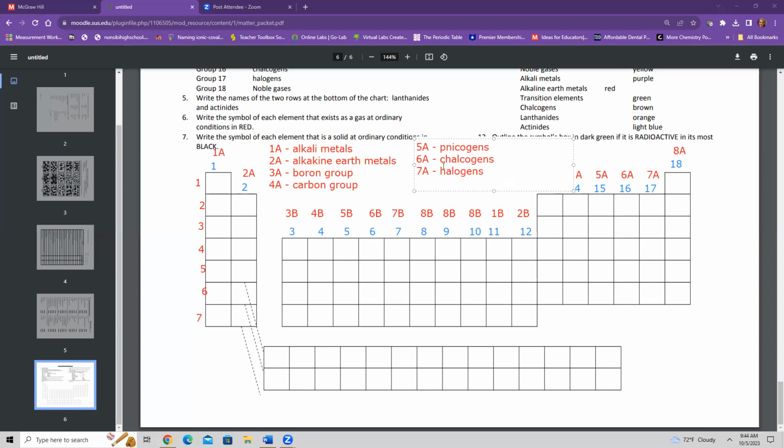And of course, the last ones, 8A, are the noble gases. Okay, there you go. You've got all your labels now, and you can put them on there directly, or you can just do them like they are.